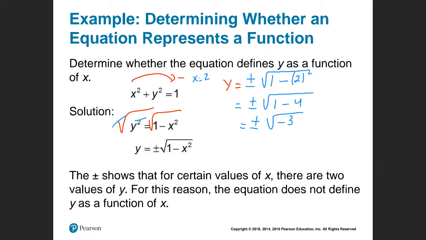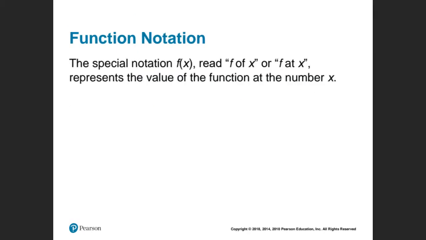So there are two answers: y is the positive square root of negative 3 and the negative square root of negative 3. Not exactly one element. So this is not a function. You follow, yeah? So now go to the next one.